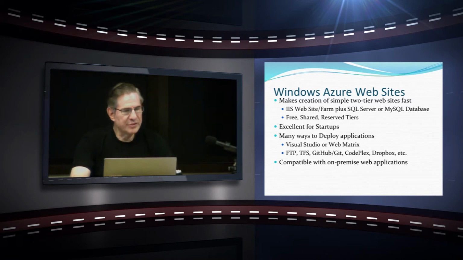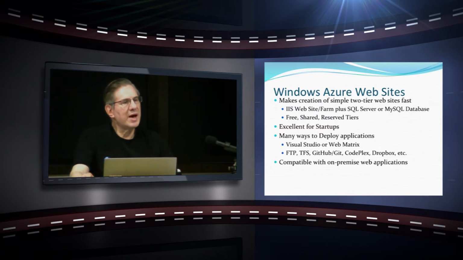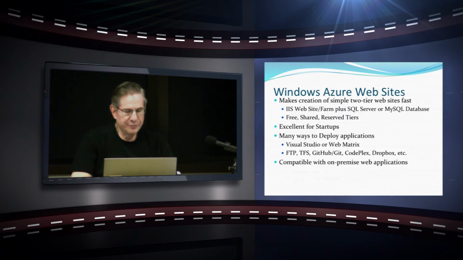But the last point is really important in that it's compatible with applications that you'd run in your data center. So you can run an application, move it up to the cloud, even move it back from the cloud, depending upon what your needs are.